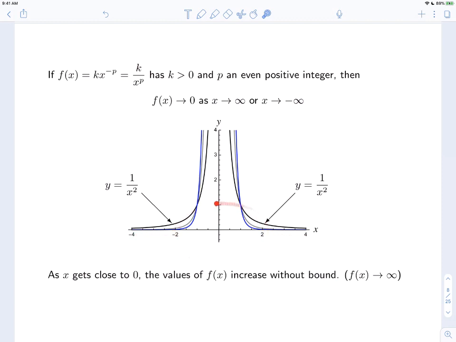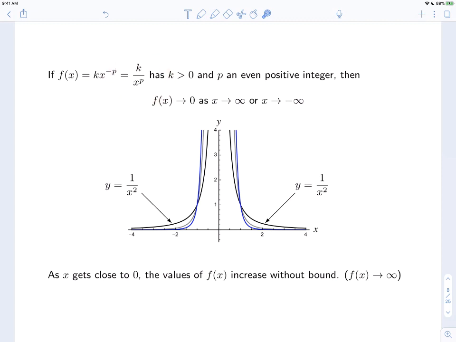Now notice that there's some very strange behavior as x gets close to 0. As x gets close to 0, and this is not end behavior, this is what we call local behavior, the values of f at x increase without bound. As x gets close to 0, you're dividing by a smaller and smaller number.